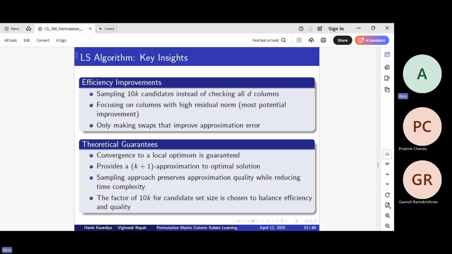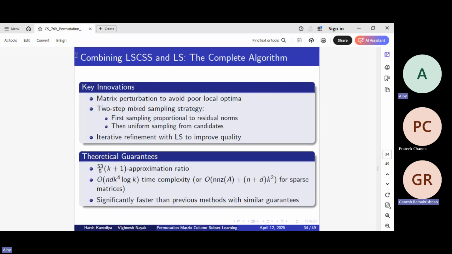But the assumption here is K is very small compared to N and D. Yes, very small compared to D. Under that it will be the K plus 1 guarantee.